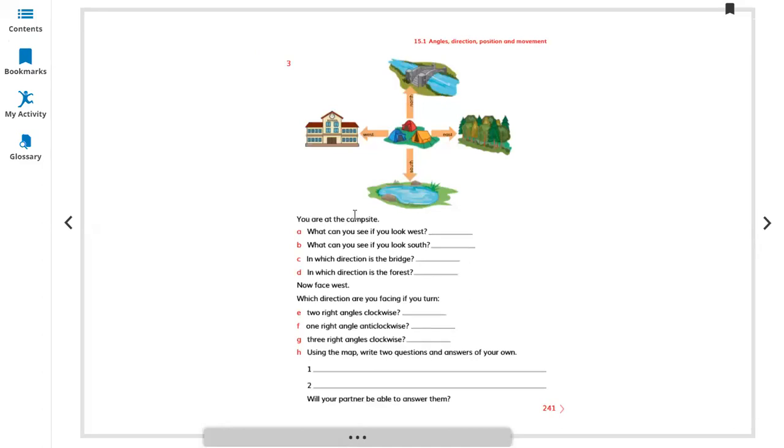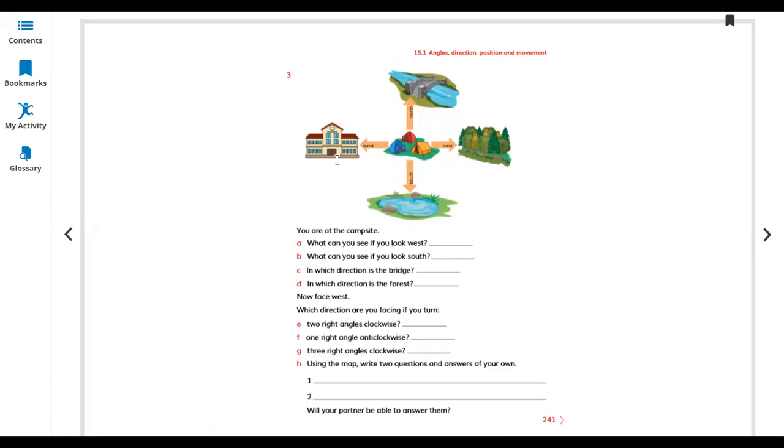You are at the campsite. What can you find? What can you see if you look west? We can see here east, north, west, and south. So if we are looking on the west side, we will find a school. We write here school.